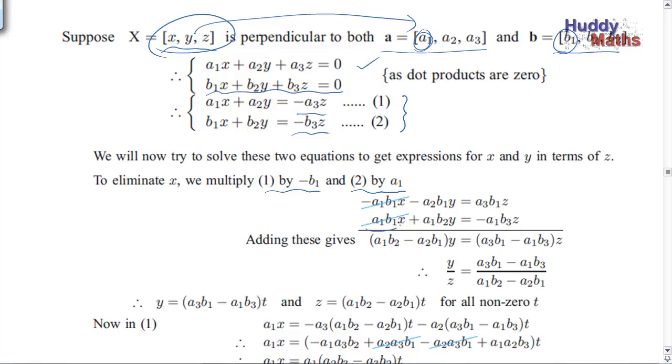So that makes these leading terms here the opposite to each other. So this is solving simultaneous equations by elimination. This is where maths learning being sequential and cumulative means you need to remember this sort of technique, because then we've got the relationship between y and z.